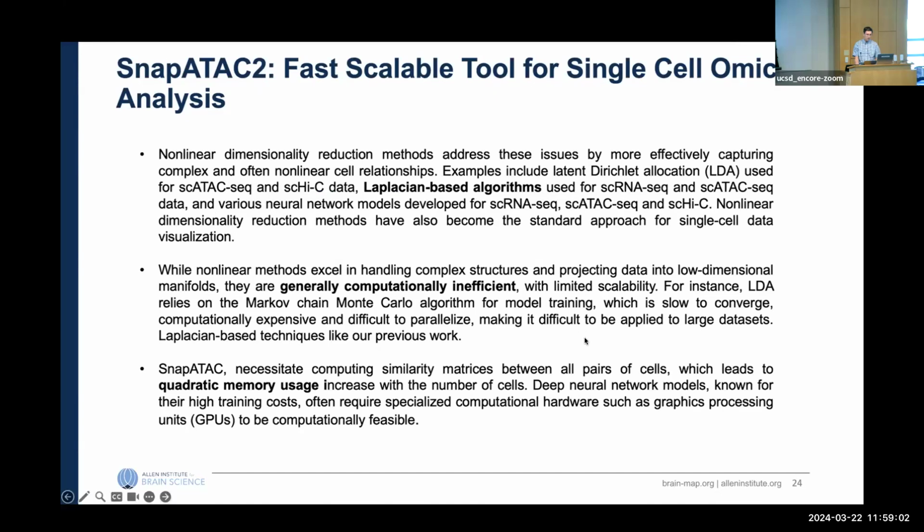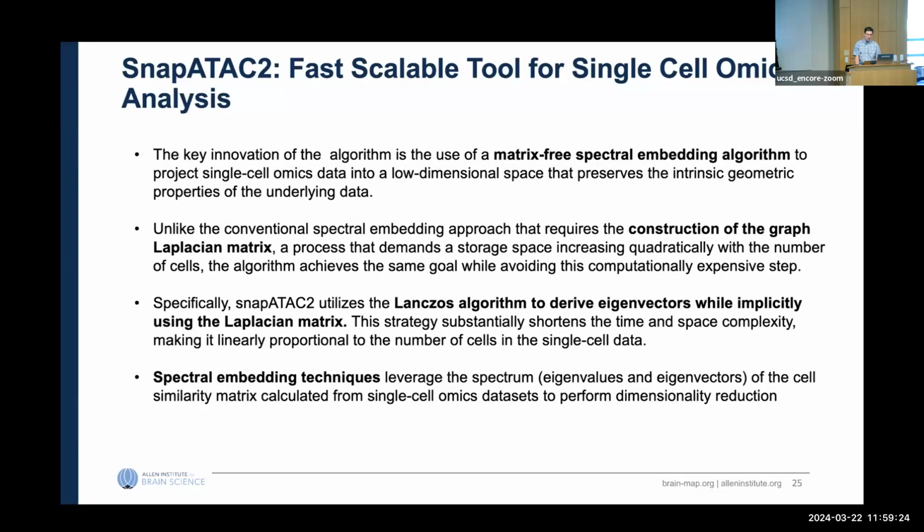Yeah, nonlinear. Let's look at some of this here. Nonlinear dimension reduction methods address this through things like Laplacian-based algorithms, which are comparing them, but they're computationally challenging and inefficient, with big memory usage. And so the innovation here is working with this matrix without having to form the full matrix, getting at the spectral embedding by getting the eigenvectors through this Lanczos algorithm to derive them implicitly.